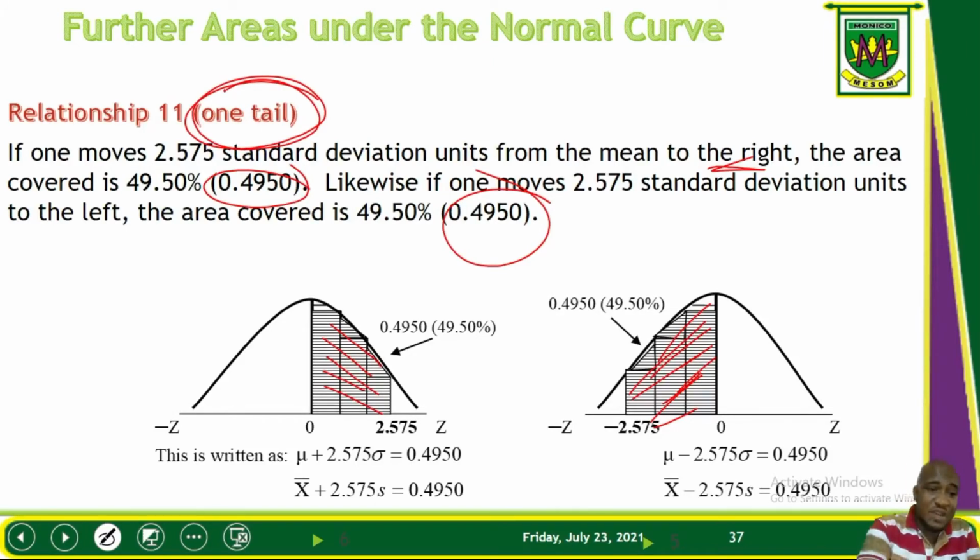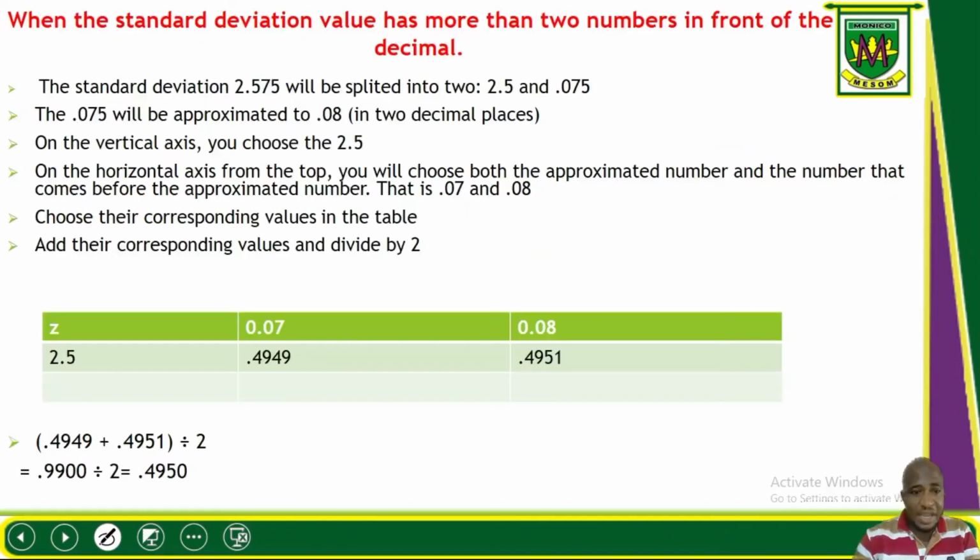And this time around, in front of the decimal, we have 3 values. And so we have to follow our steps. The first step is the standard deviation units will be split into 2. Remember this.